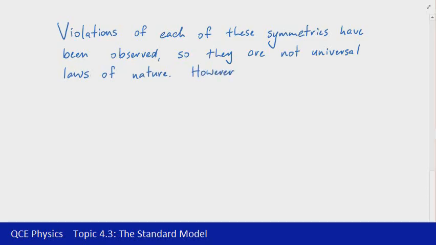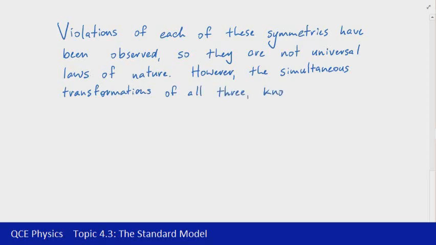laws of nature, the real significance comes in when we think about the simultaneous transformations of all three of those. And that's referred to as the CPT symmetry. So C for charge, P for parity, and T for time.